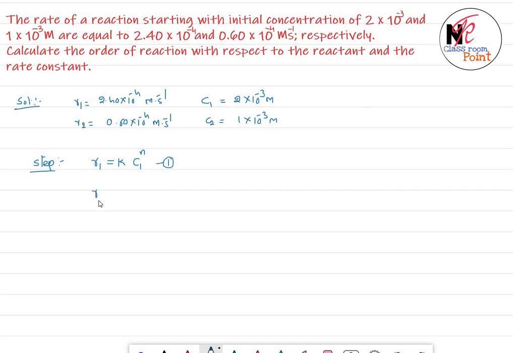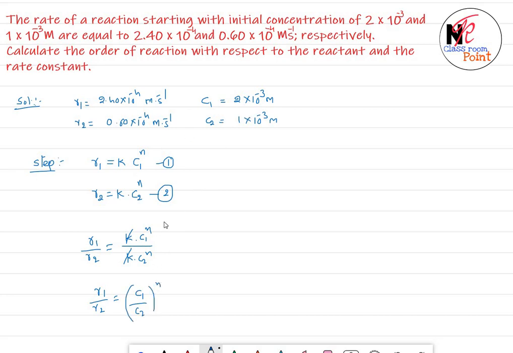For the second equation, R2 equals K into C2 power n, that is equation 2. Now divide equation 1 by 2. We get R1 divided by R2 equals K into C1 power n divided by K into C2 power n. K cancels out. So R1 by R2 equals C1 divided by C2, whole power n.